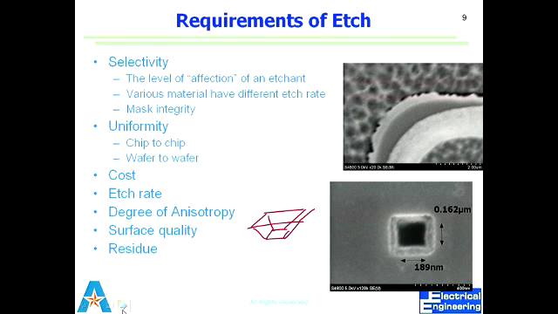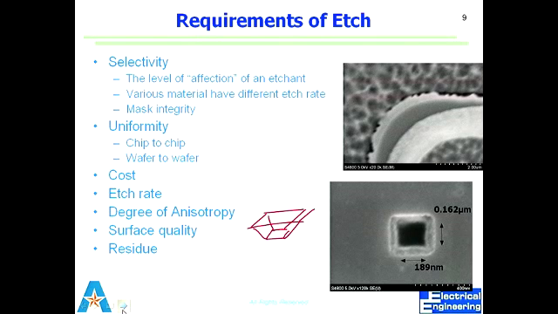Some places we need it to be anisotropic, some places we don't. What we get at the end is, again, surface quality. We don't want it to be rough. We may want it to be rough. It depends on what we are doing. What is left behind after an etch is, again, important.